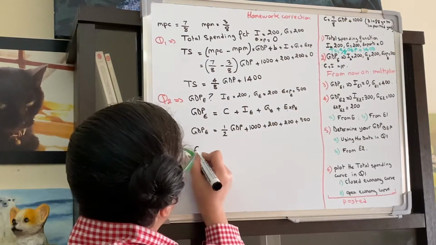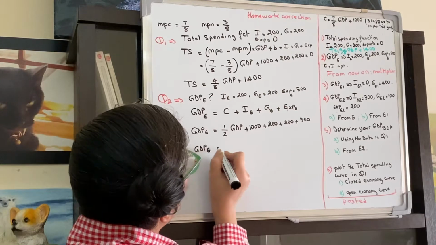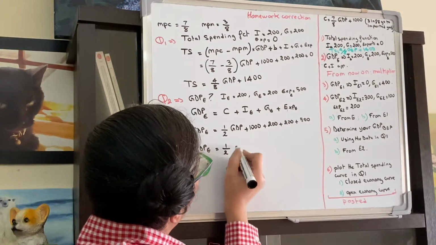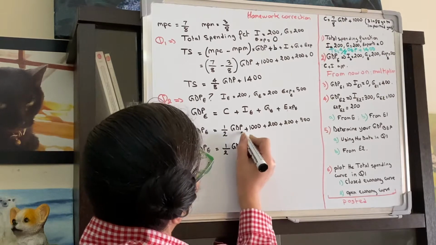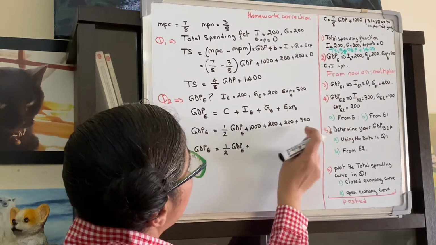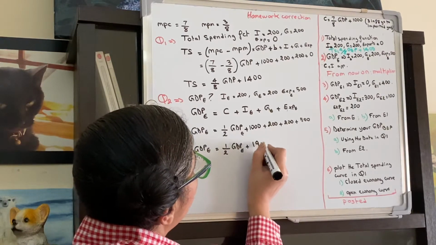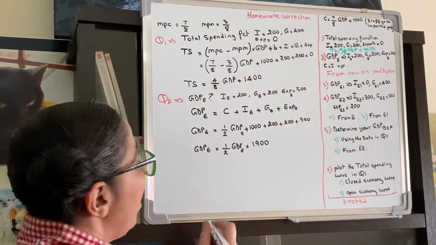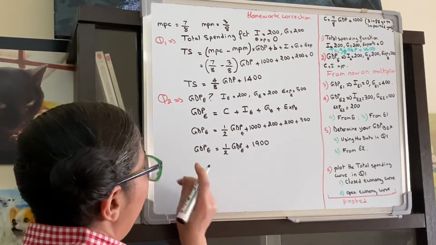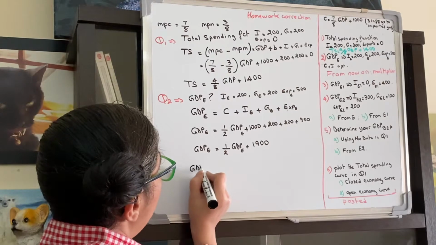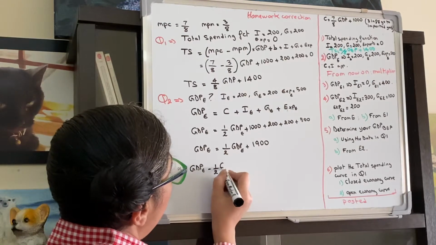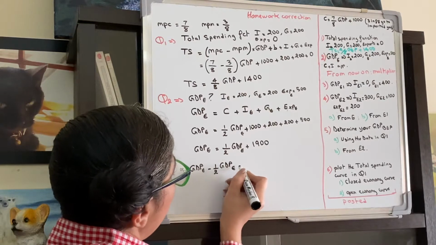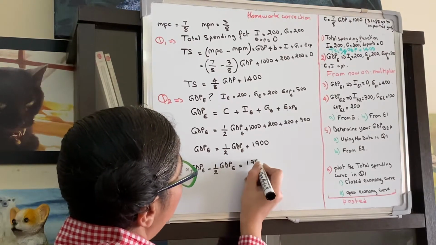It's okay. So GDP at E is equal to 1 over 2 GDP at E, of course, plus 1,900. Okay? So I'm simply going to bring this one here. So GDP at E minus half GDP at E is equal to 1,900.